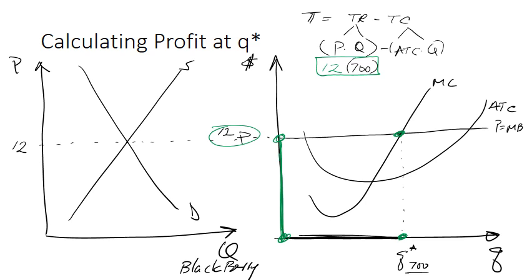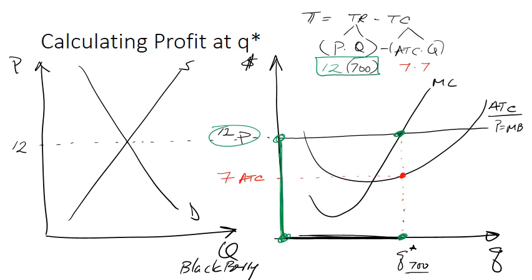Our average total cost is going to be incredibly useful because when we plug our Q into our ATC, it is going to tell us how much it costs us to actually produce that quantity. So we're going to go straight up from our 700 until we run into the ATC, and then we're going to go straight across and we're going to ask what's our average total cost when we make 700. And let's say that the graph tells us it is $7.